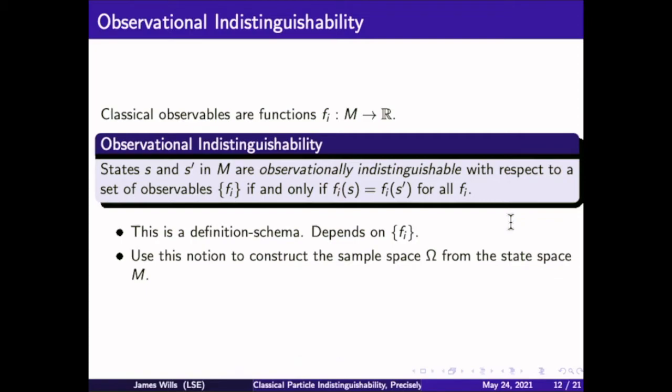I'm going to use this precise notion to construct a sample space from the state space M. Essentially the point is that, with respect to a certain set of observables, some points in M are going to be observationally indistinguishable. We're going to identify all of them into one point, and that becomes a point in the sample space, such that the sample space contains all and only the observationally distinct points.